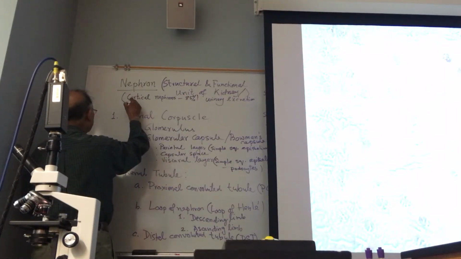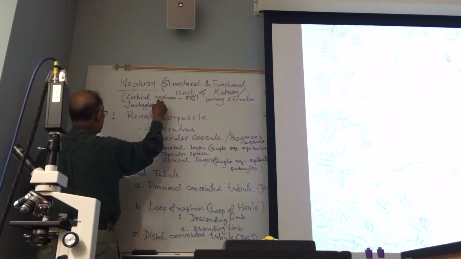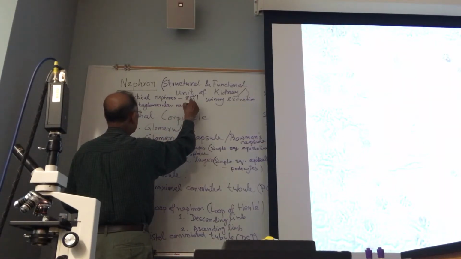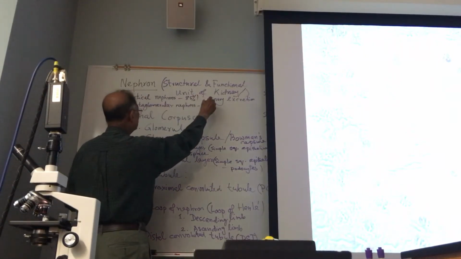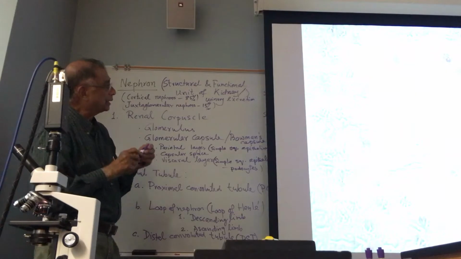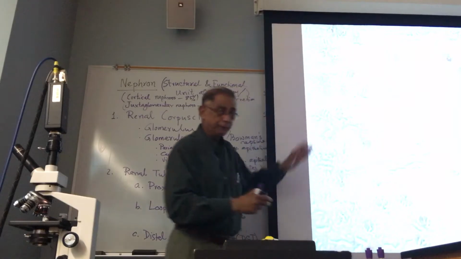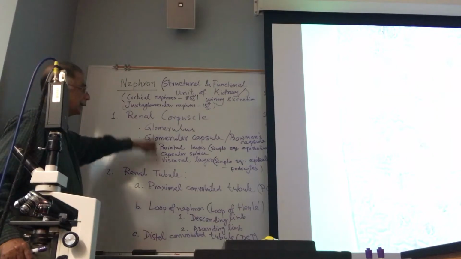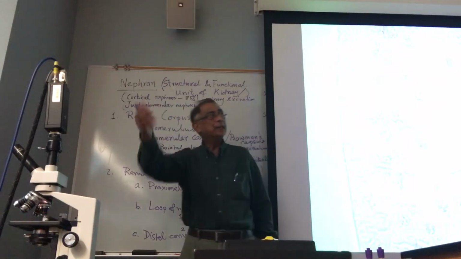And juxtaglomerular nephrons, about 15%. So here, these nephrons are juxtaglomerular nephrons, and these nephrons are cortical nephrons. Most parts of the nephron are located in the renal cortex. You will find this in your book also.